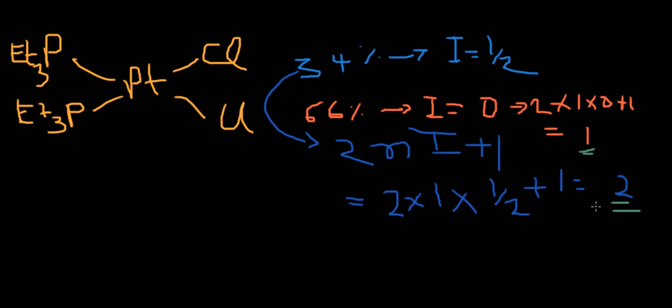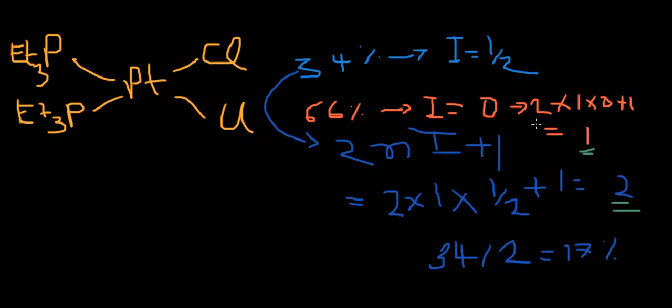So what about the relative intensity of these peaks? For the 34% abundance you got 2 peaks, so the relative intensity will be 34 by 2, which is 17%.